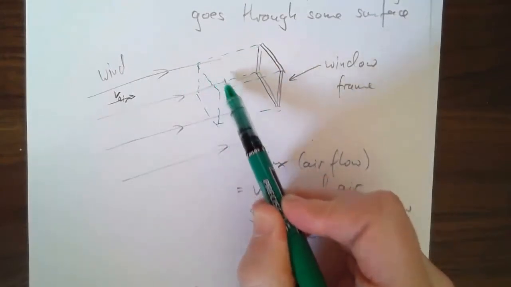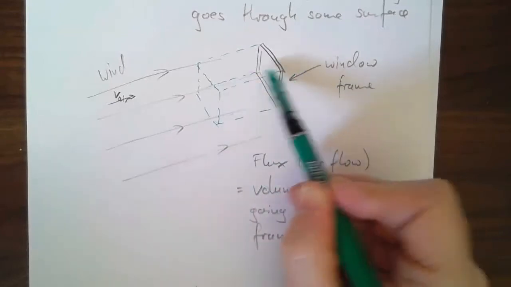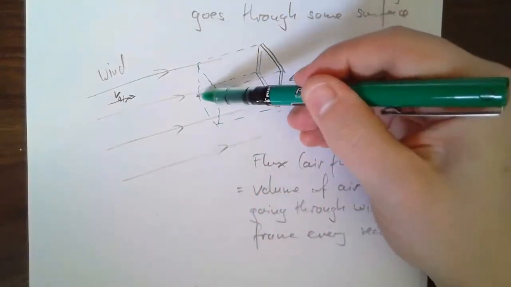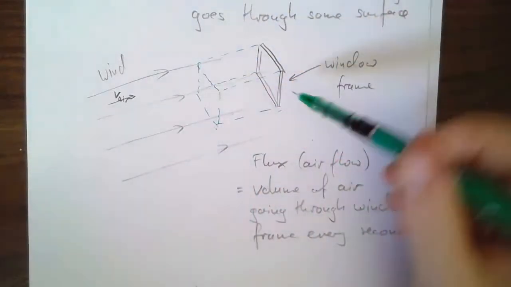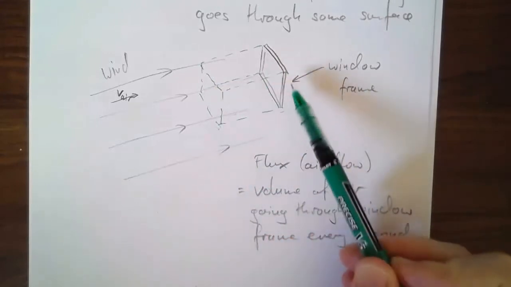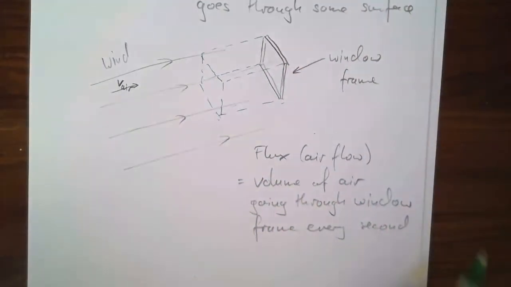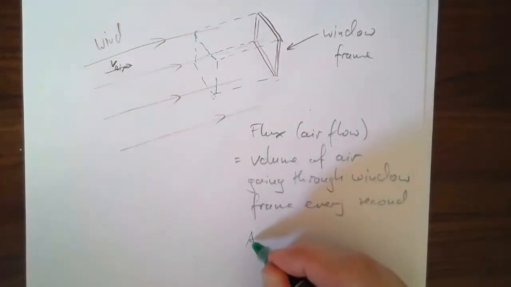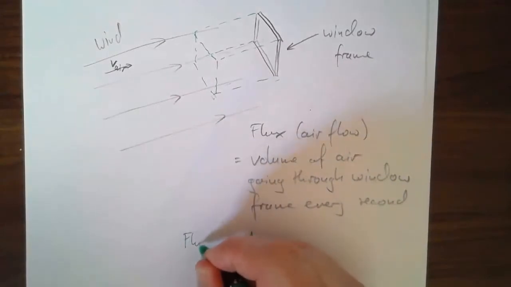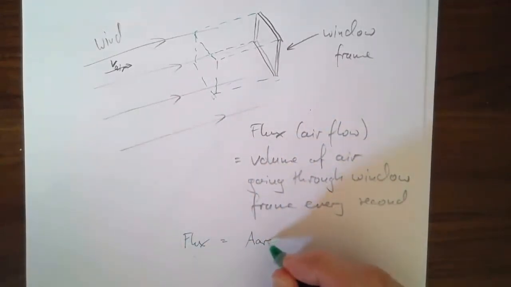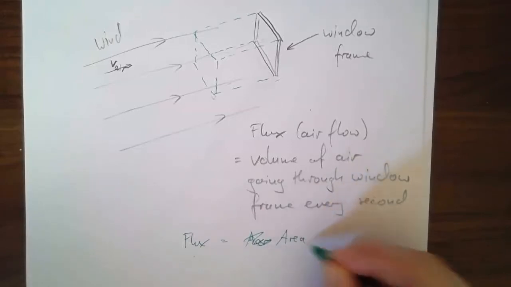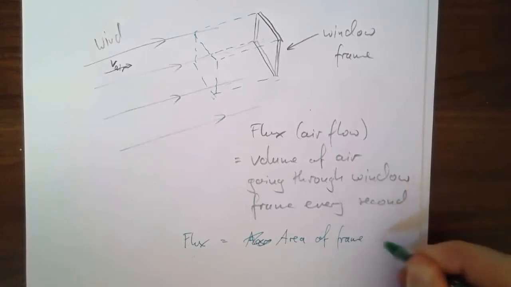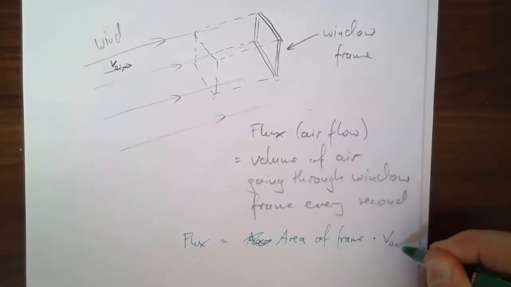The bit inside the box will have made it through the window at, say, 0.9 seconds. And what's on the back panel of this box is just going to reach the window at the end of a second. Right, so the flux in this case is going to be the area of the window, the frame, times the speed of the air.